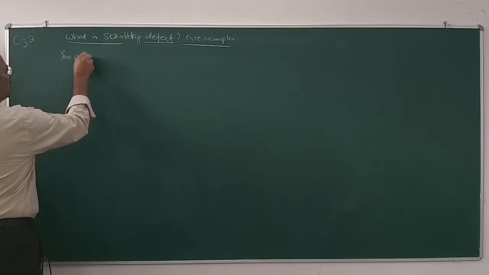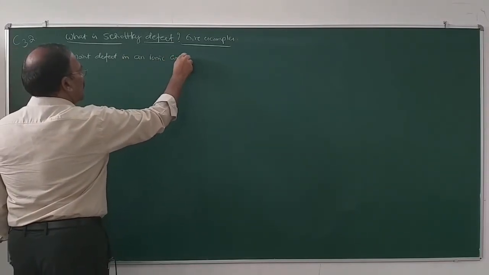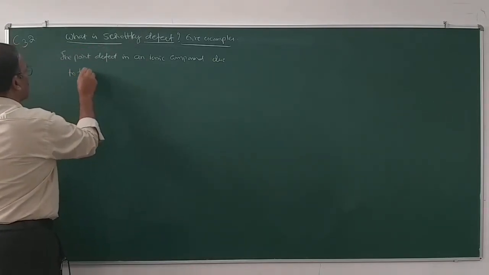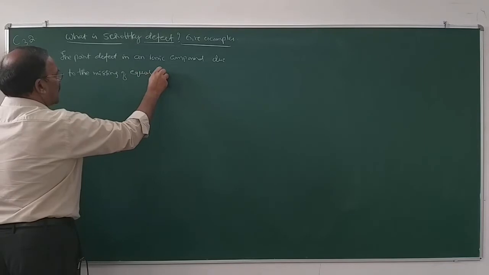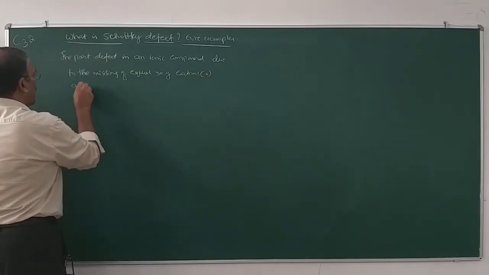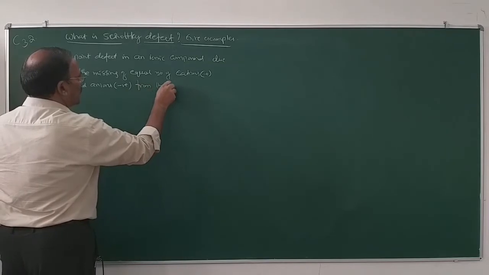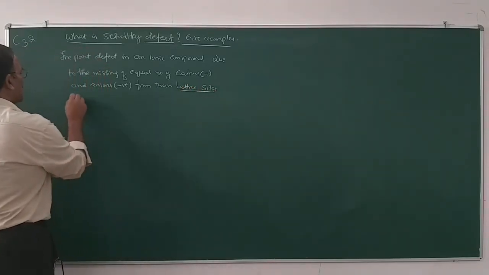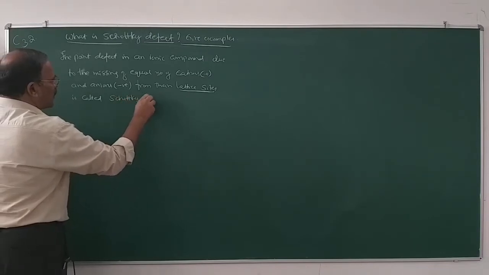The point defect in an ionic compound due to the missing of equal number of cations, which are positively charged ions, and anions, negatively charged ions, from their lattice sites is called Schottky defect.